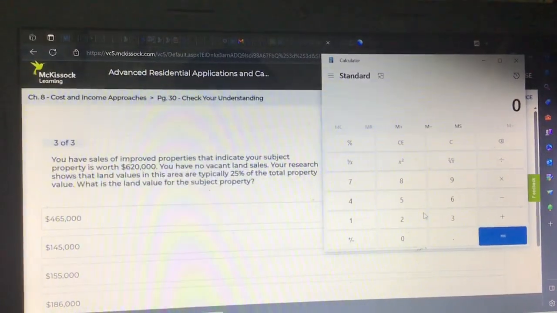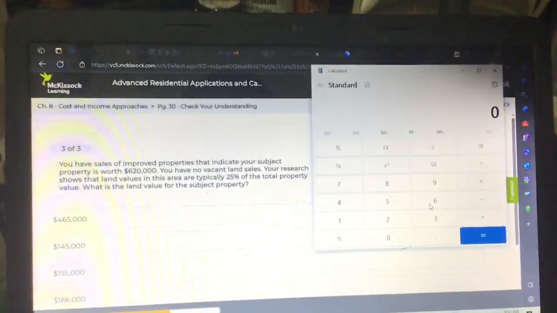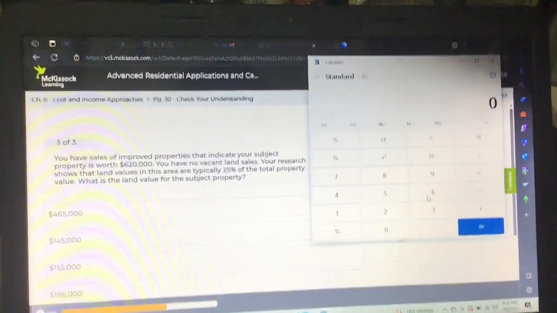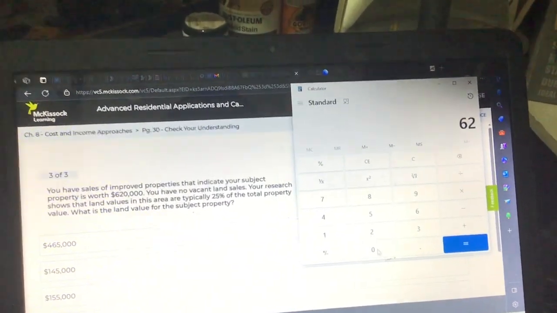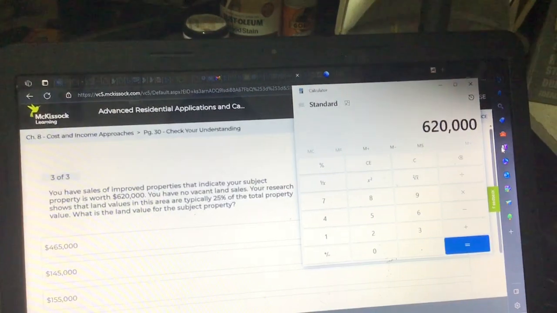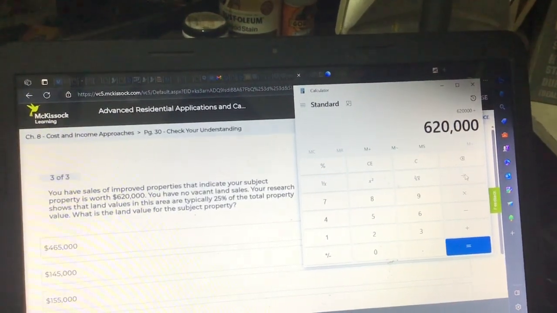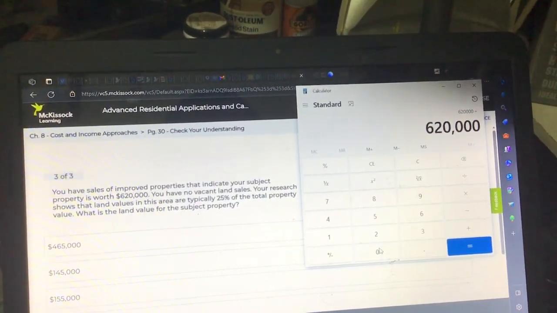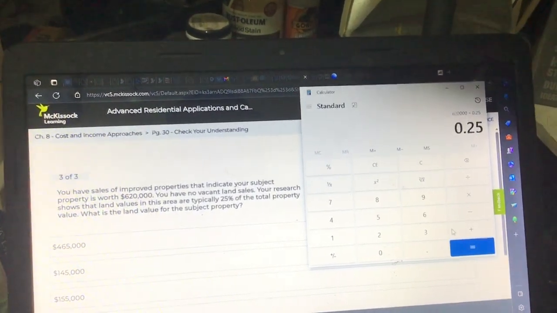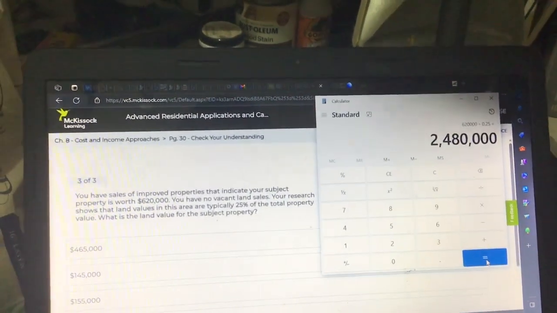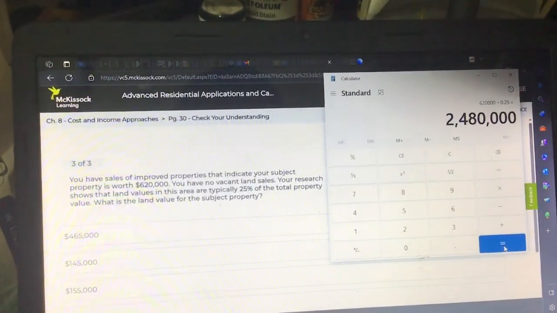Another thing you can do is this: $620,000 divided by 25% equals, that's not it.